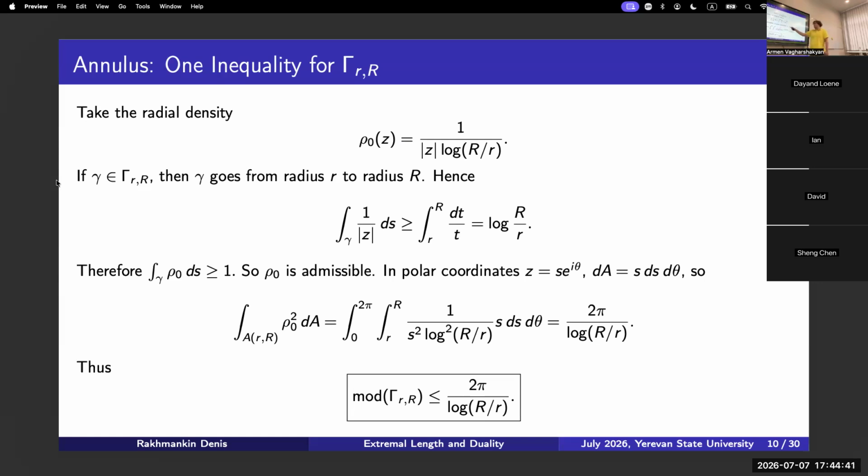For doing this, let's use polar coordinates. So we got the upper bound for the modulus of gamma. The lower bound is the same as in the rectangle case, because we know that all such curves lie in gamma, and we have a lower bound.